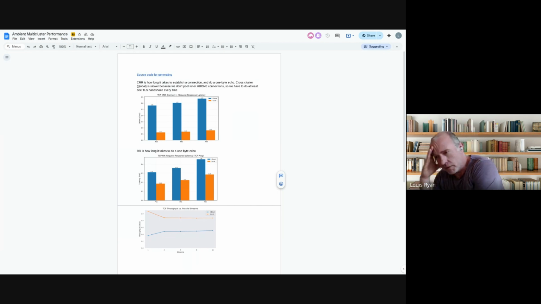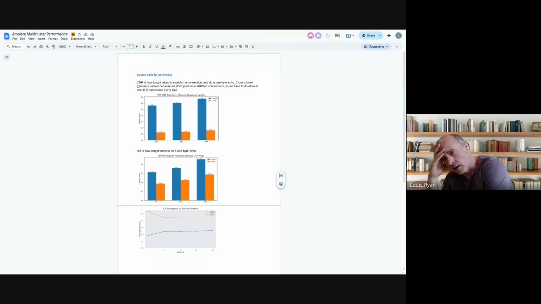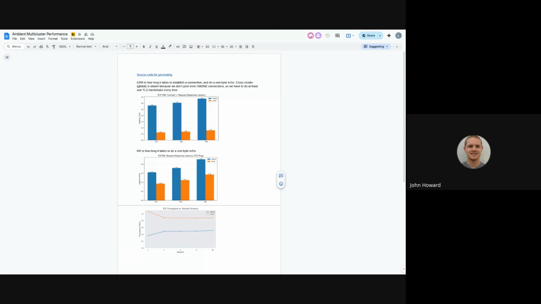John, are there benchmarks that we would consider more generally representative of the real world? Do we just prefer to use Fortio nowadays? I typically just use Fortio, which is approximately the same as the RR test. I didn't use Fortio because it didn't have the CRR, and I was curious about how bad it would be.